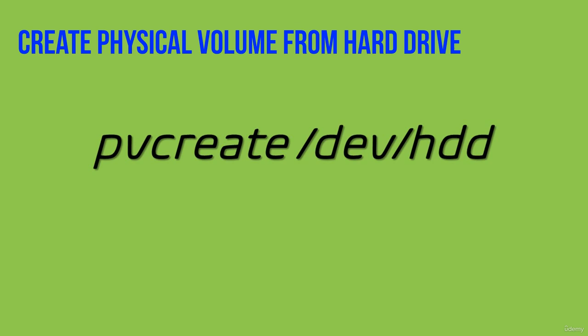It's first necessary to create a new physical volume, PV. Use the command on the screen here, which assumes that the new hard drive is assigned as /dev/hdd. So you type in pvcreate /dev/hdd.